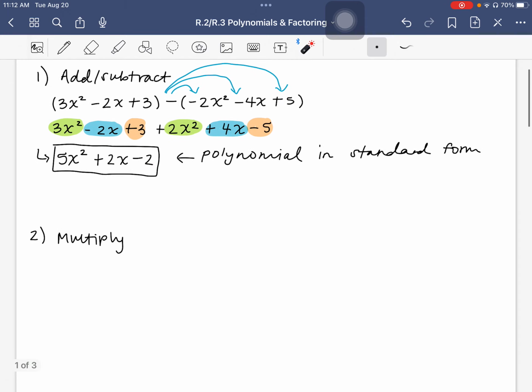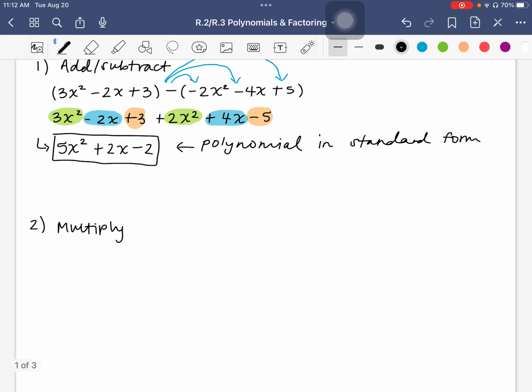Okay, now we'll look at an example of multiplying polynomials. So we'll look at this example here. And in the previous example, I called the polynomials trinomials because they have three terms. So in this example, this polynomial here is called a binomial because there are two terms. So we're taking this binomial and we're squaring it.